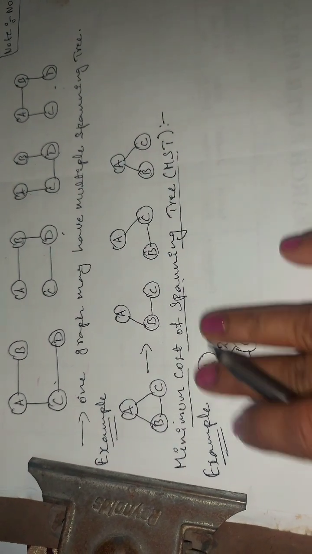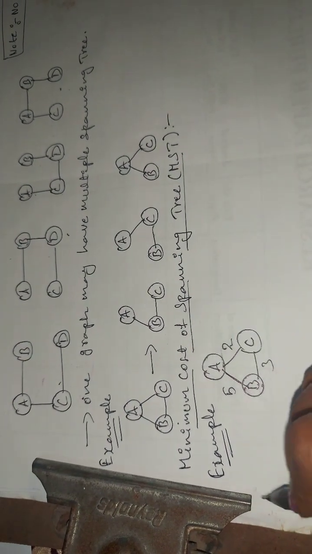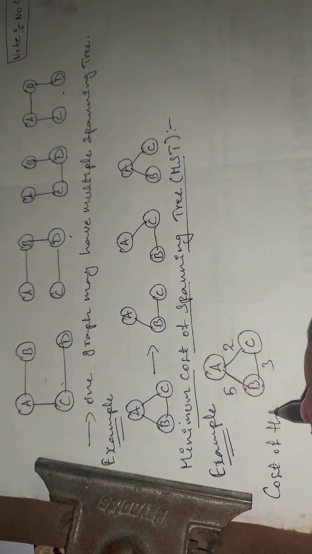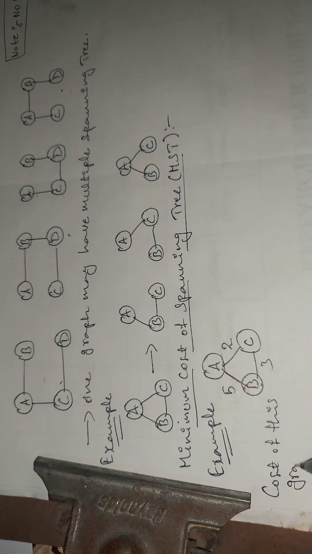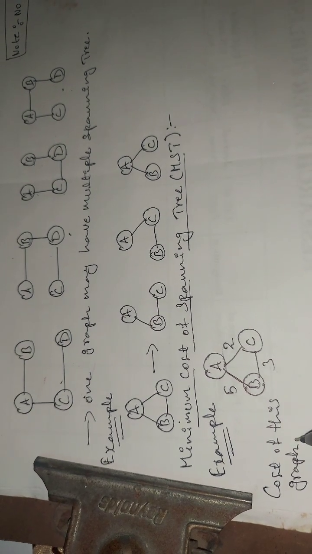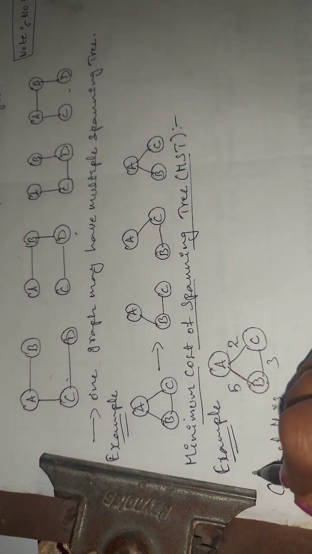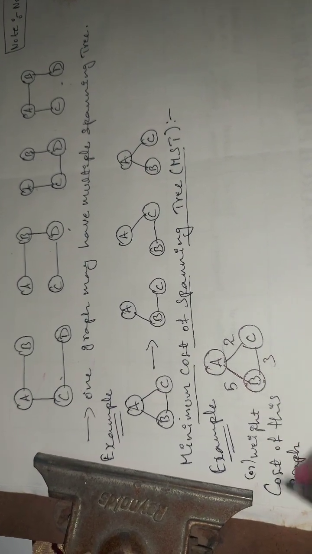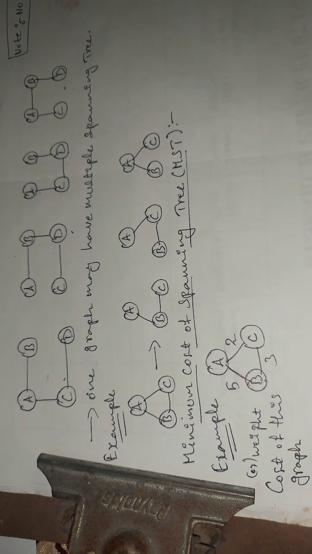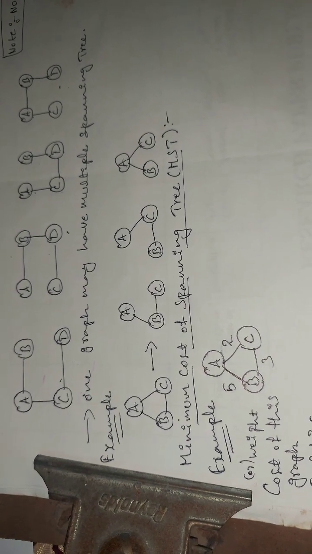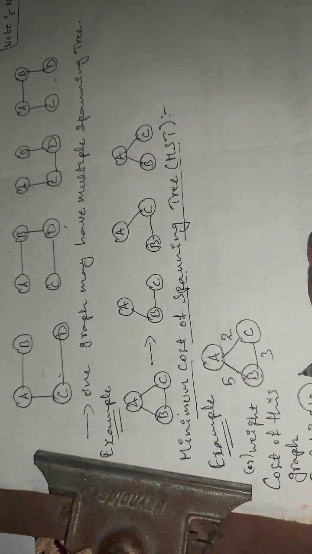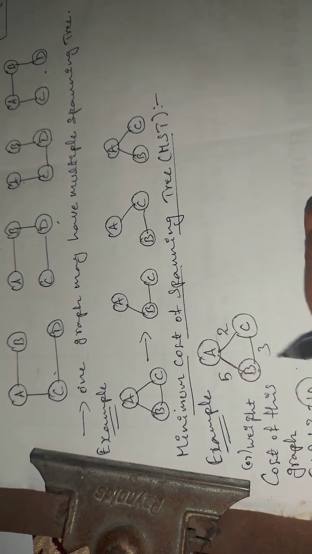What is the cost of this graph? The weight of this graph is 5 plus 2 plus 3, that is 10.